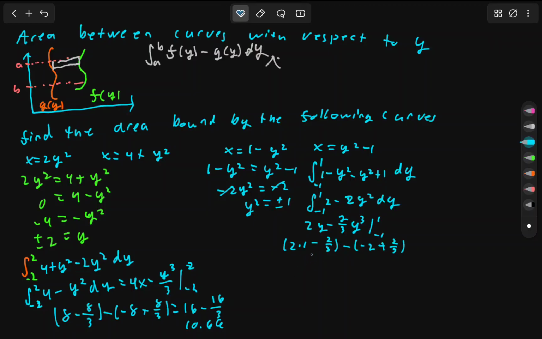So we get 2 minus 2/3, and then negative 2 minus another 4/3 is going to be negative 4/3. So this is going to become 2.66, repeating, I want to say.